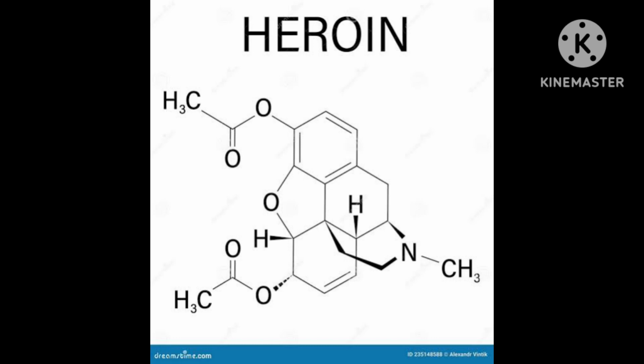And the molecular formula is C21H23NO5. It means in 1 mole, 21 carbon atoms are there, 23 hydrogen atoms are there, 1 nitrogen is there, and 5 oxygen atoms are there. This I have told you about the molecular weight and molecular formula.